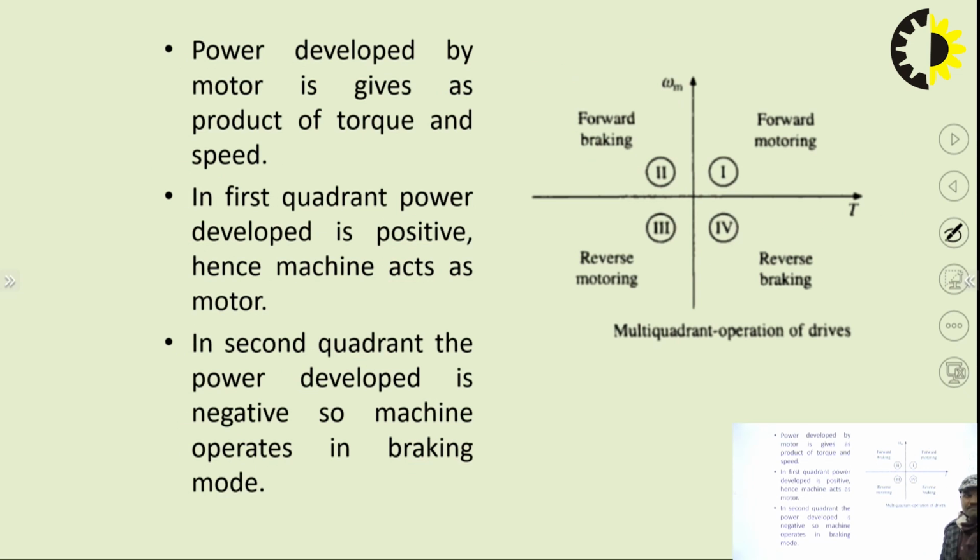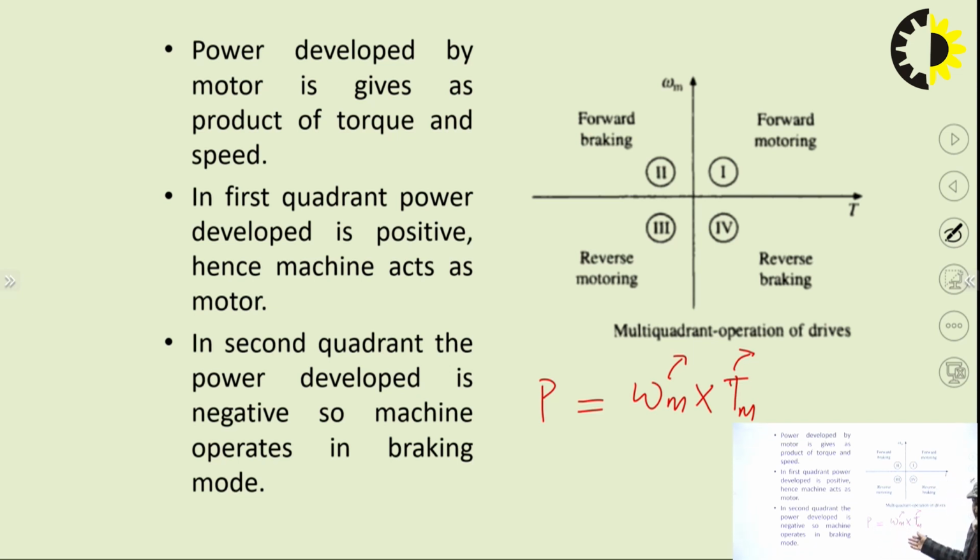The power developed by the motor is given as the product of torque and speed. Normally we take this formula: power is equal to the product of speed and torque. When both are positive, power will be positive. When one is positive and the other is negative, power will be negative.